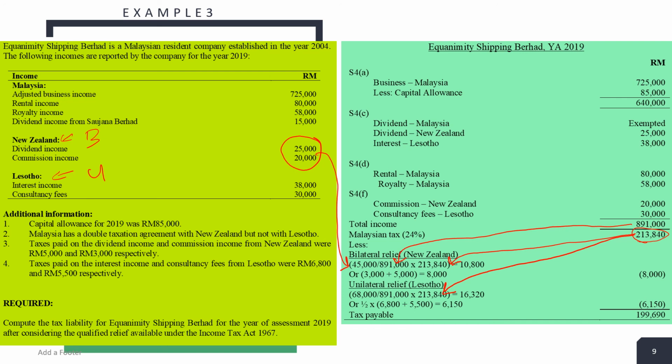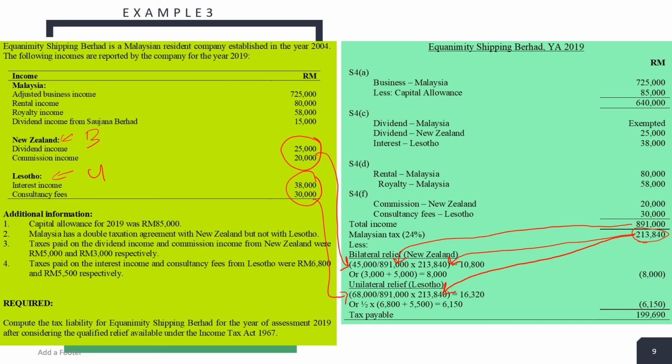Put here and put bracket. Unilateral relief for Lesotho because we don't have an agreement with Lesotho. Take the gross amount of income from overseas, this one. Divide by total income 891,000 times the Malaysian total tax here, 213,840.